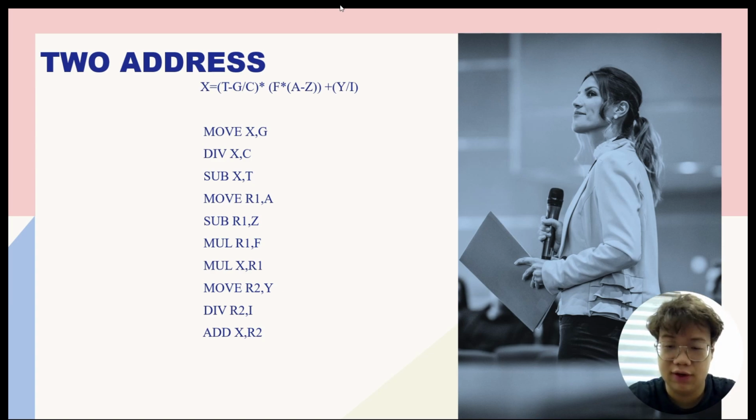Firstly, we move the X part, G, then divide C, subtract the T. Then move the R1 part A, subtract the Z, and multiply F. After that, we multiply X part and R1 part. Next, we move R2 part, Y, and divide the I. Lastly, we add the X and R.